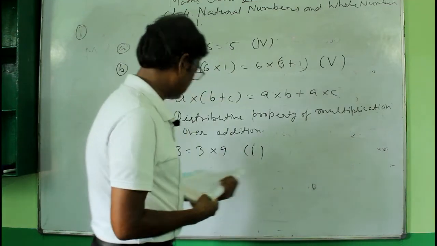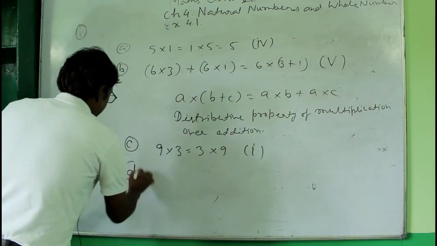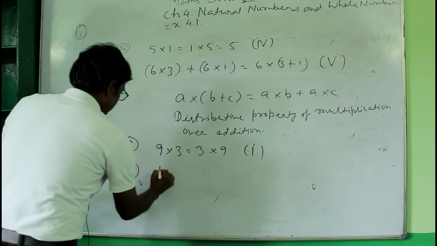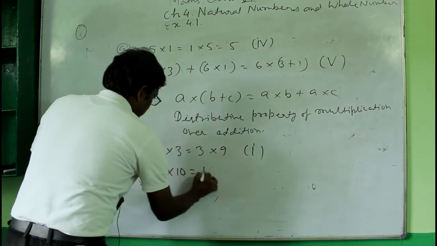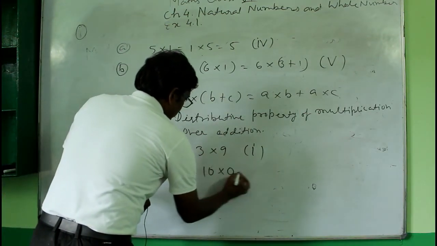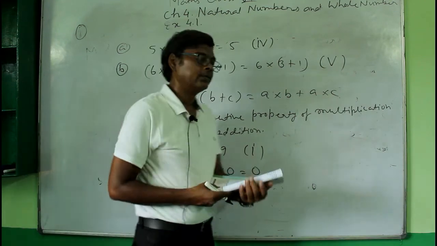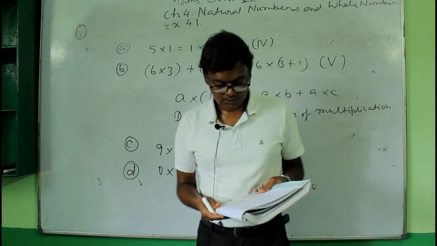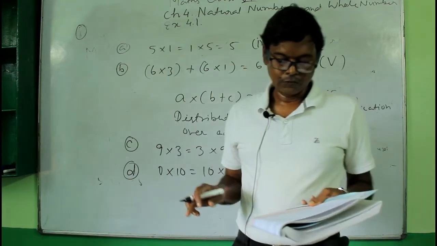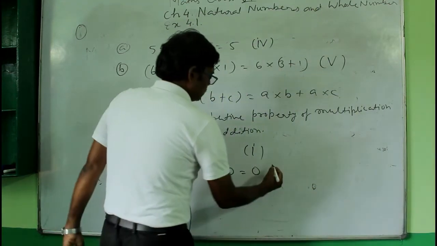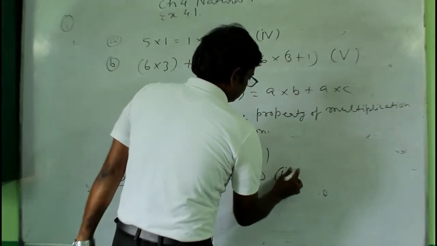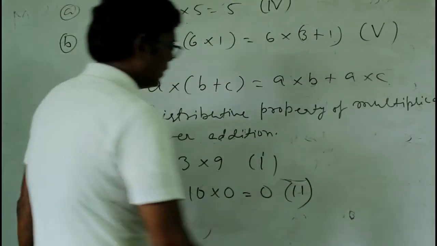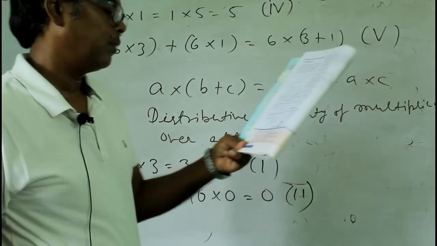And question number D, here 0 into 10 equal to 10 into 0 equal to 0. This is the multiplicative property of 0, so the answer is 2 for this.